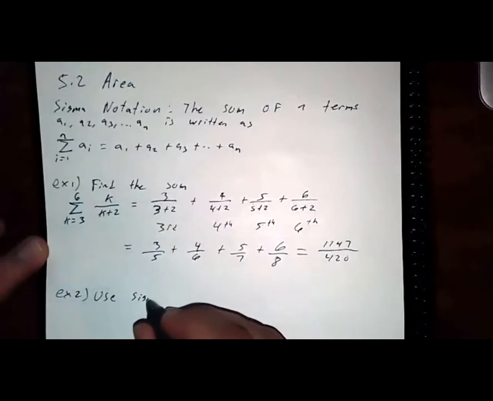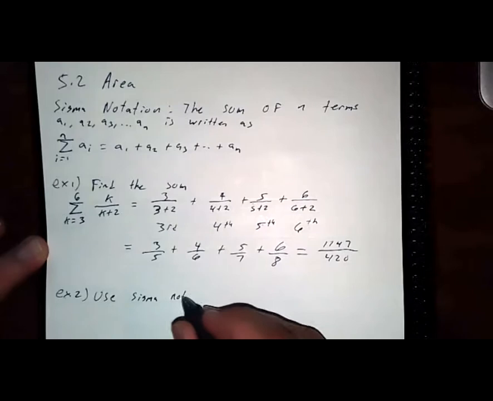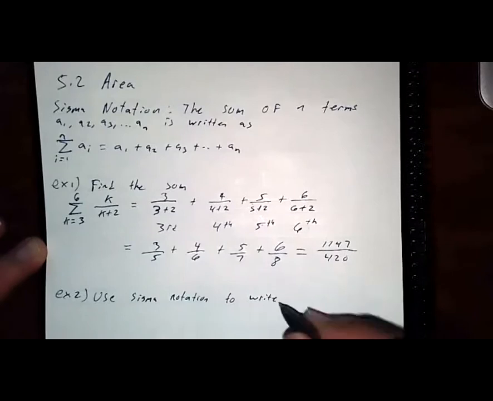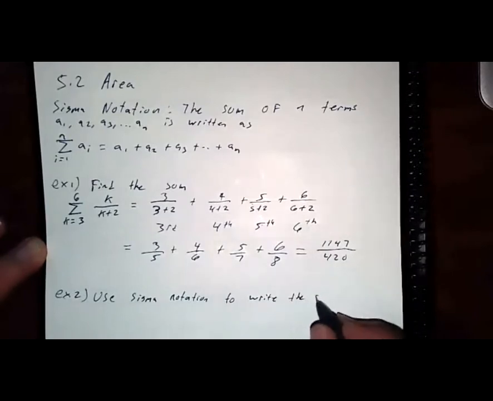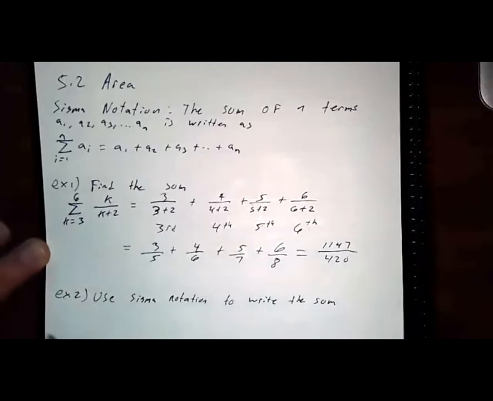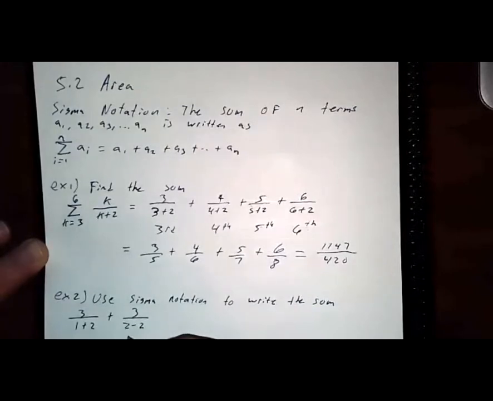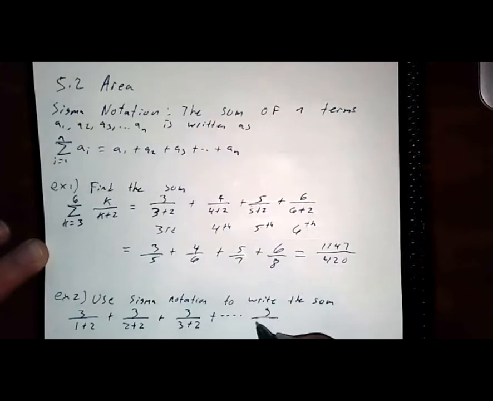Use sigma notation to write the sum. 3 over 1 plus 2, plus 3 over 2 plus 2, plus 3 over 3 plus 2, plus all the way until I get to 3 over 11 plus 2.